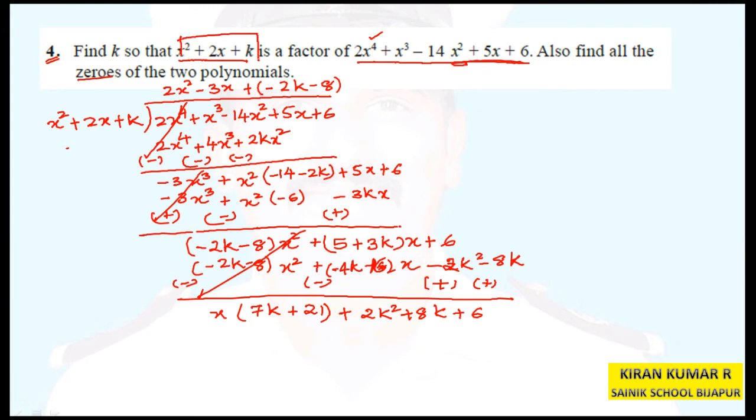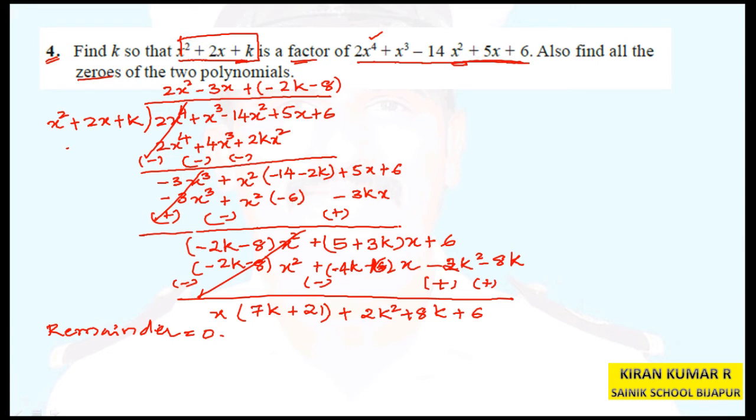Look at this, the degree of this particular expression is 1 and the divisor's degree is 2. Therefore, this will be the remainder. Look at carefully, the given x square plus 2x plus k is a factor. What does it mean? It means that the remainder will be 0.